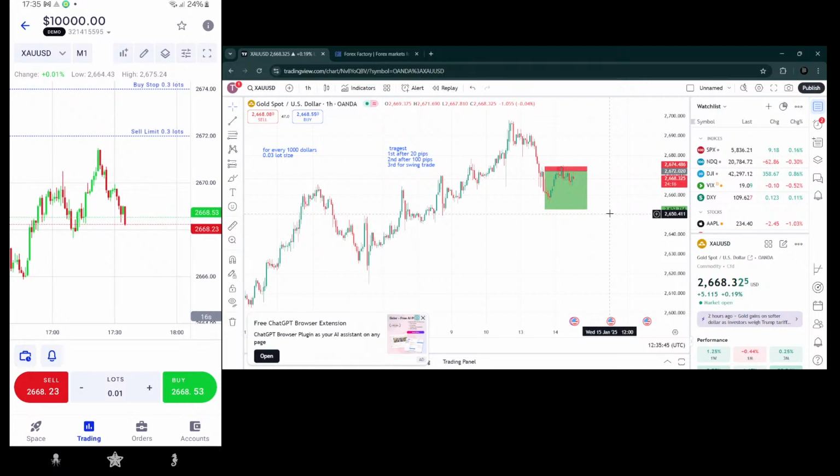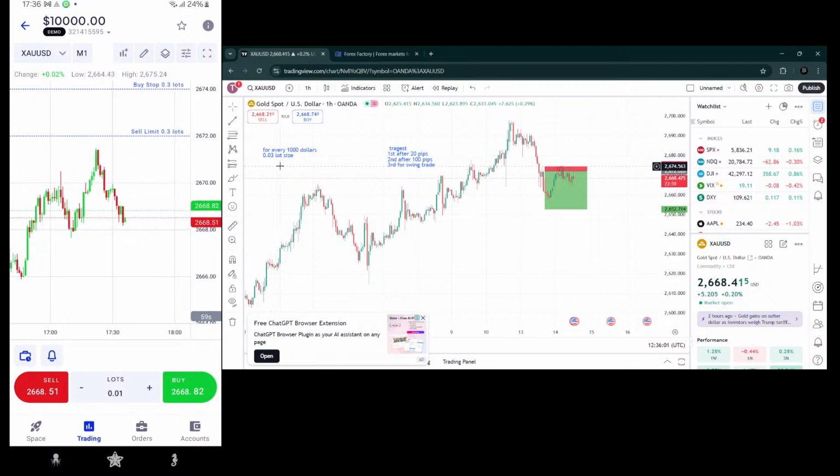So with every lot you put in the market they make money. 0.99 is $99 and 1.00 is one lot. With every lot, they make $16 from one person.